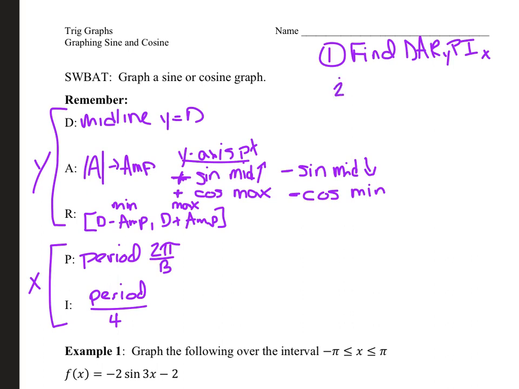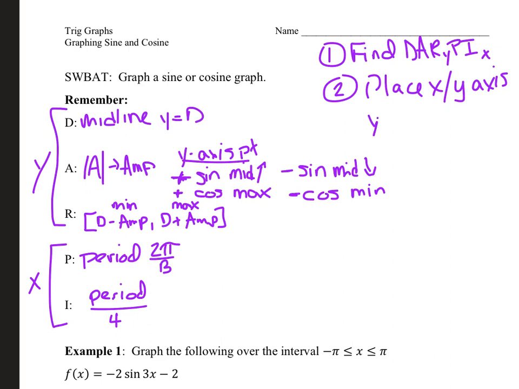The second thing that you're going to want to do here is place your x and y axis. Sometimes they give you a graph and you can skip this part. Sometimes they don't and you have to draw it. So the first day we're going to be drawing them. How do you place them?